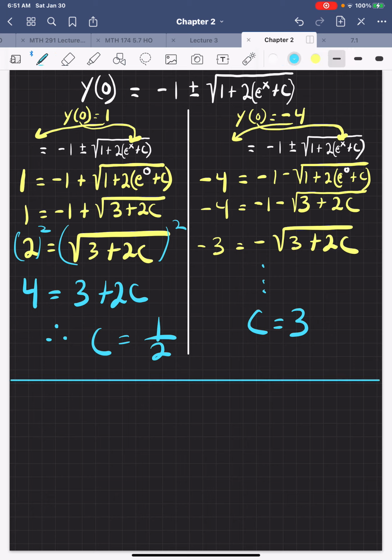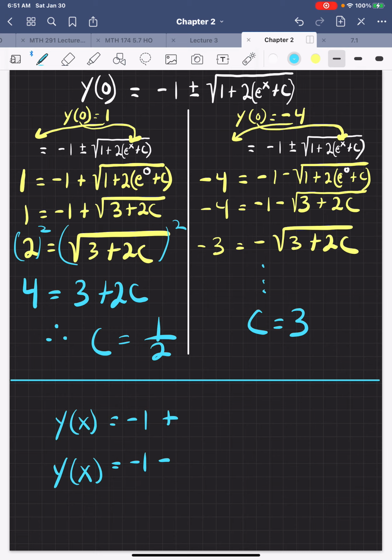So the two solutions to this problem, y of x equals -1 plus, c is equal to 3, and c is equal to 1/2.